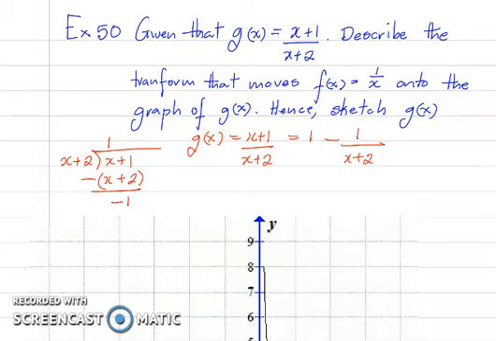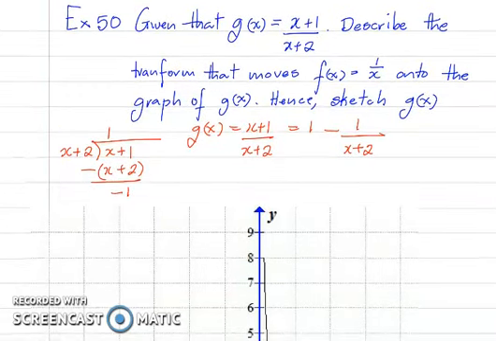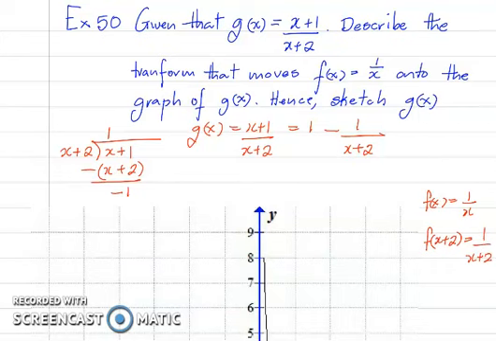Now, let us say f of x is equal to 1 over x is my starting point. So I have f of x is equal to 1 over x. Then f of x plus 2 would be 1 over x plus 2. So that would be a horizontal translation of 2 units to the left. All right.